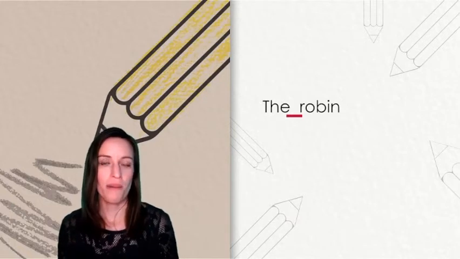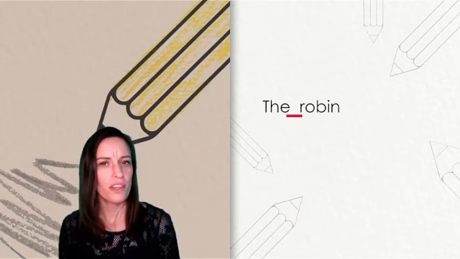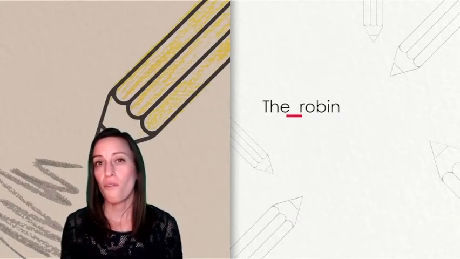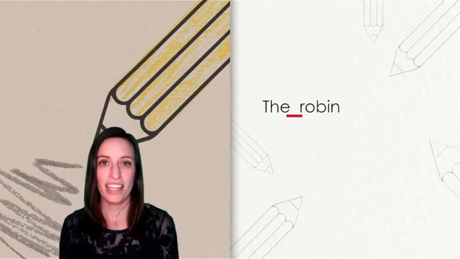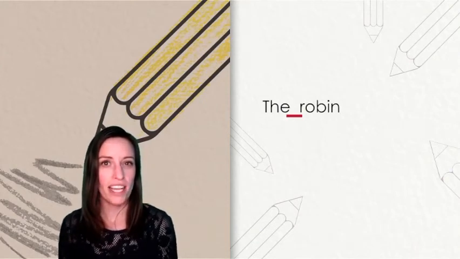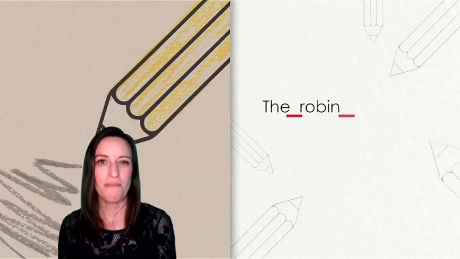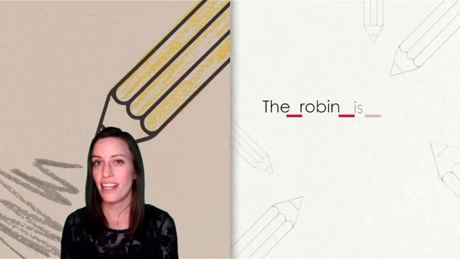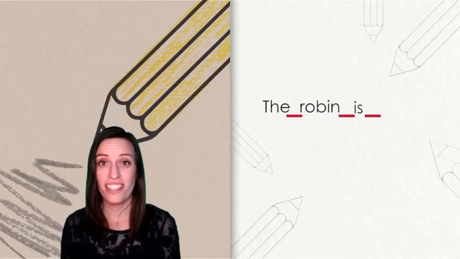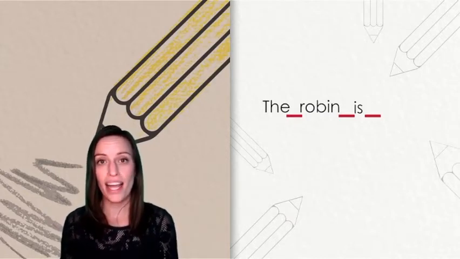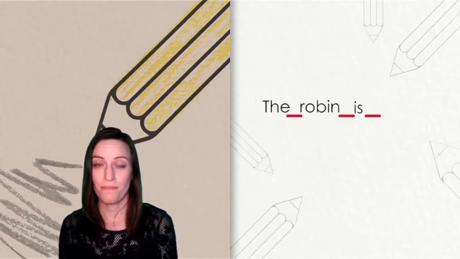Okay, you can put your pencil down and help me with the rest of our sentence. The robin is flying. But before I write the word is, I need to leave a space. And then the high frequency word is spelled I-S. And then the last word in our sentence has a sly Y in it, flying.